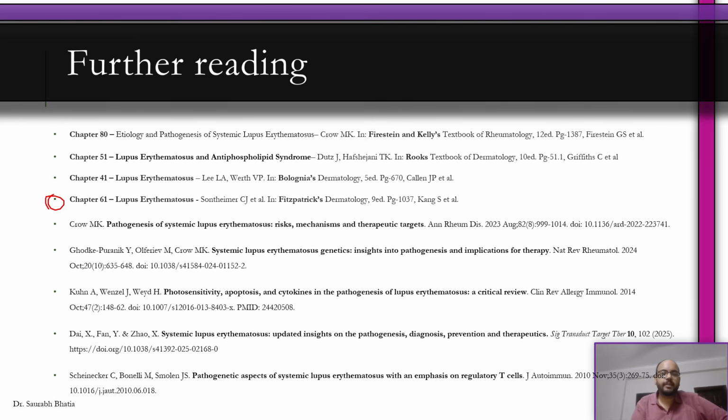Otherwise, Crow MK's article on pathomechanism of LE and the article on the role of UV radiation by Kuhn et al. were very good. The article Pathogenic Aspects of SLE with Emphasis on Regulatory T cells is a very nicely written article to understand the role of regulatory T cells. Clear? So these are some reading recommendations. But if you have understood this video lecture, that is more than enough that you require to know about LE.